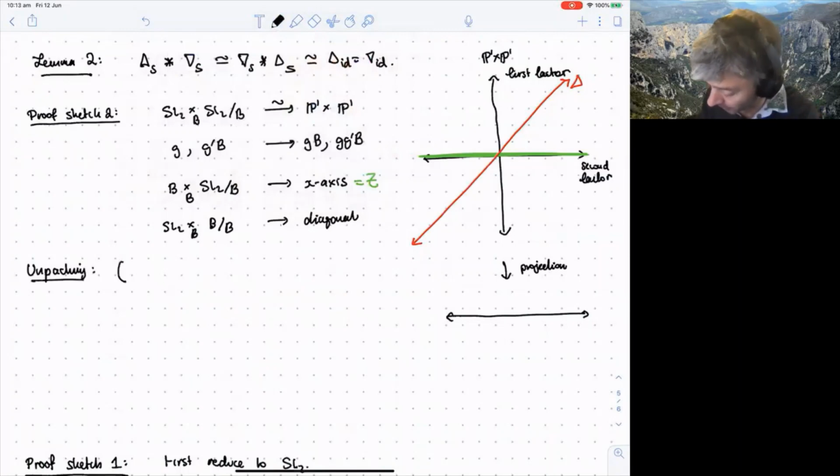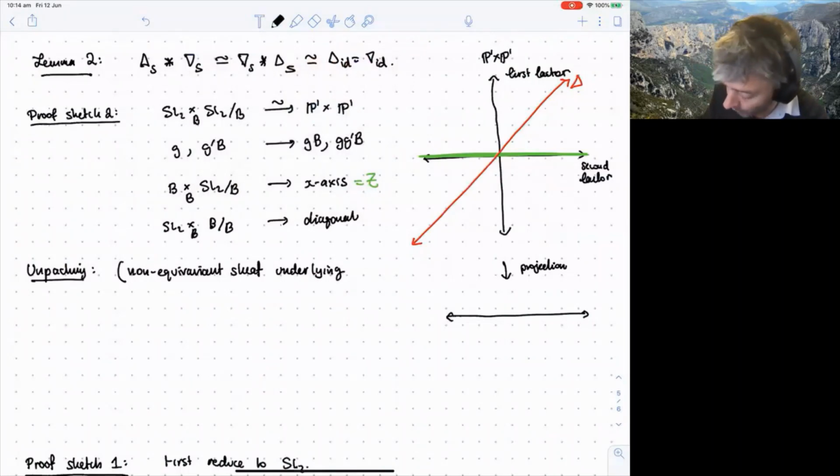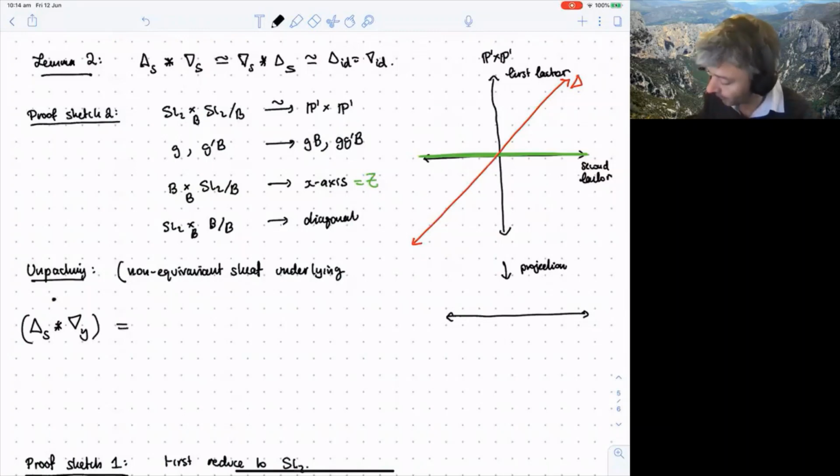And now again, unpacking, we see that the non-equivariant sheaf underlying. So basically, if we take this convolution and then forget that it's equivariant, then this is, let's call this P lower star of the following thing.